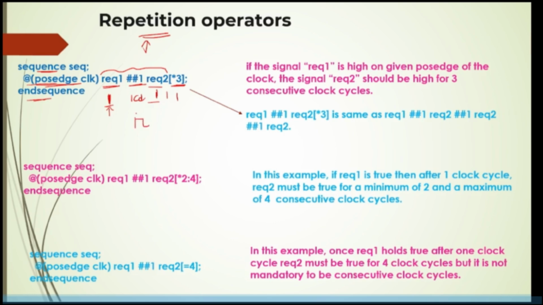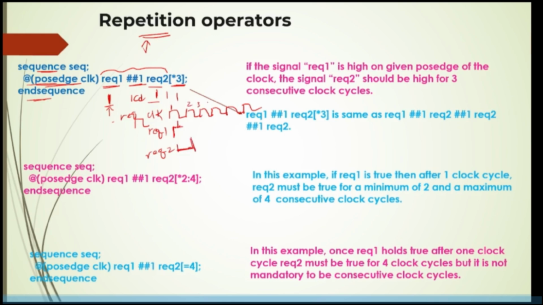For example, say this is my clock, and this is my request 1, and this is my request 2. Now what happens here? Request 1 is high at the first clock cycle. After request 1 is high, request 2 should be high for the next clock cycle.